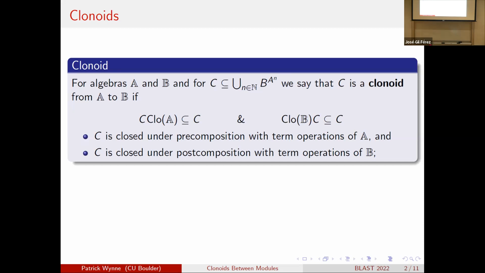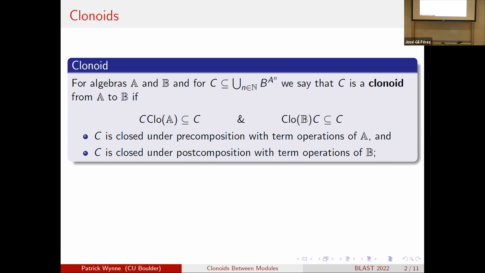If we fix an arity, say we look at functions from A squared into B, the set of functions from A squared into B, we can think about that as being an algebra of whatever the type of B is, say a module.